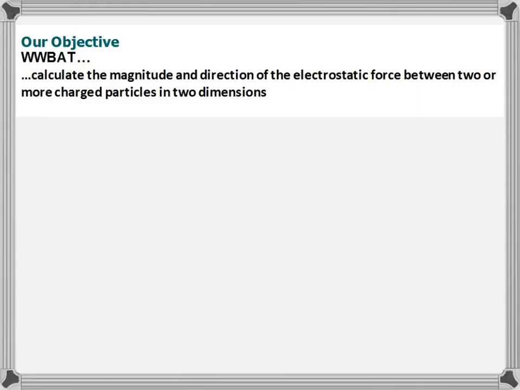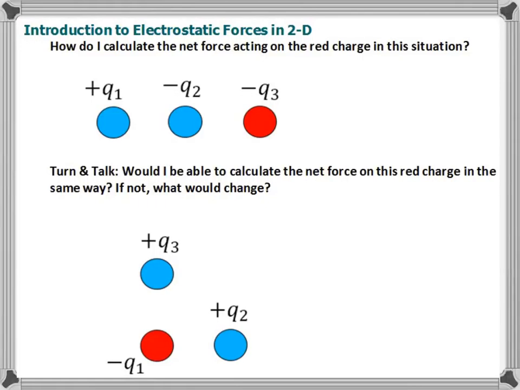So, going to the next slide here. Looking at this top picture right here, I have three charges that are lined up. How do I calculate the net force acting on this charge here in red? Well, hopefully what you learned in lesson 8.1 is that you take these two charges and you calculate the force between them.